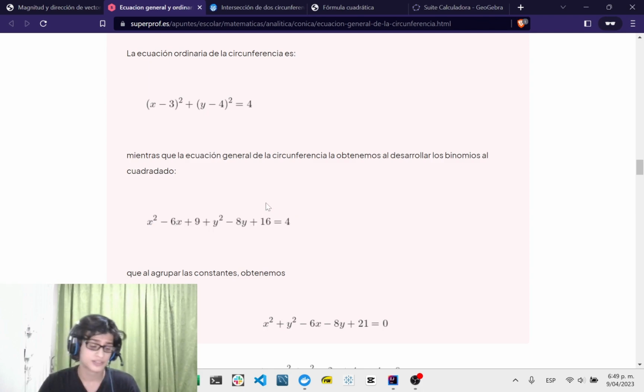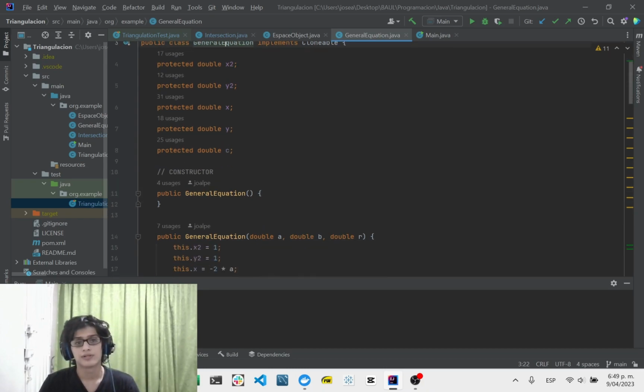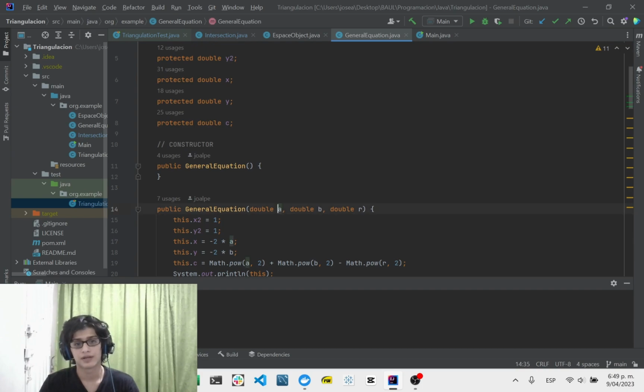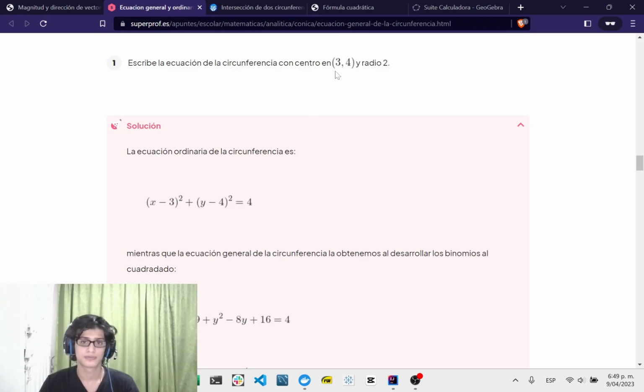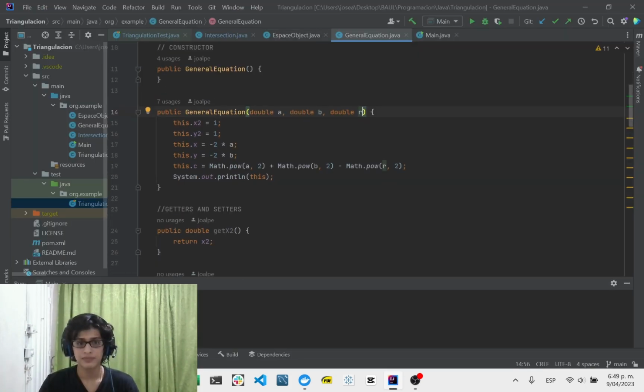It's difficult to operate it with simple operations in code, so I need to create this object. What I do is send the x and y and radius, and I apply this formula.